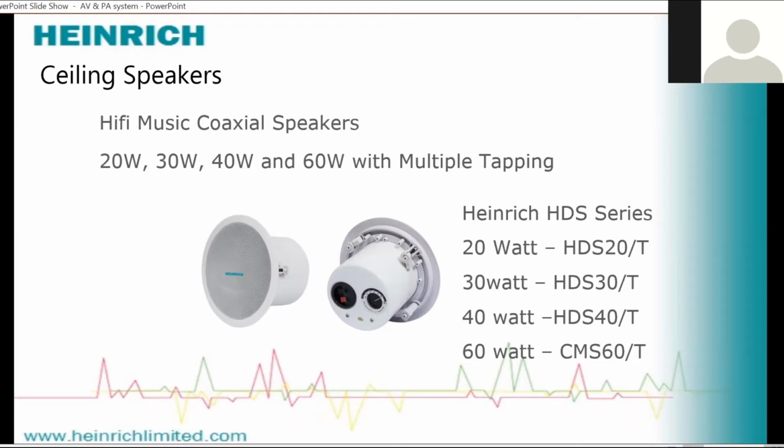We can use our ceiling speaker, and depending upon the size of the conference room, you can consider how many watts you require. So we have available 20 watt, 30 watt, 40 watt, and 60 watt. The part code is written, that is our SBS series. These are high quality music ceiling speakers.